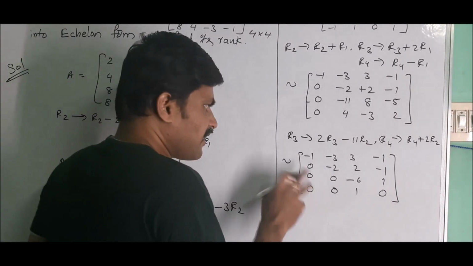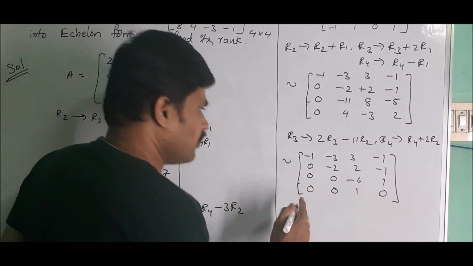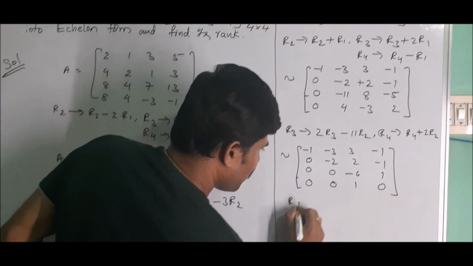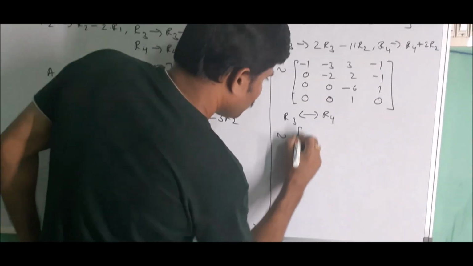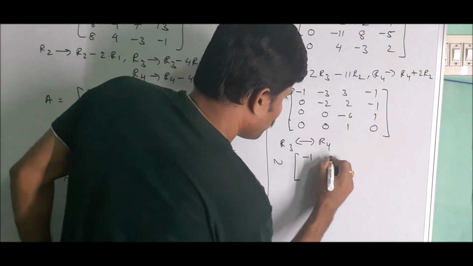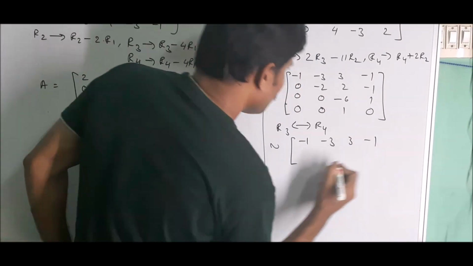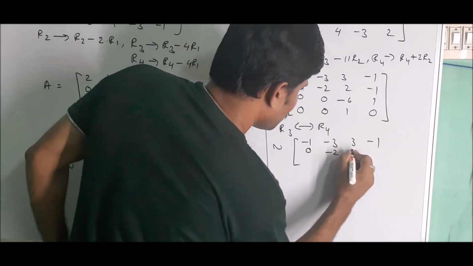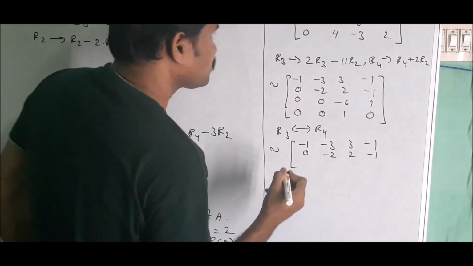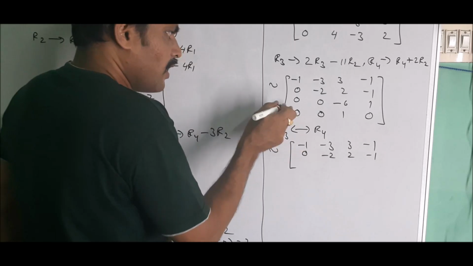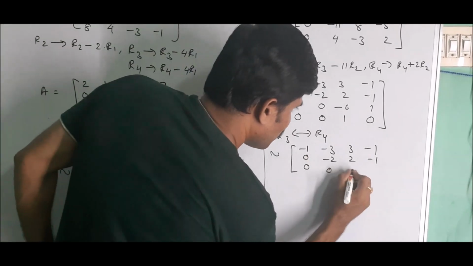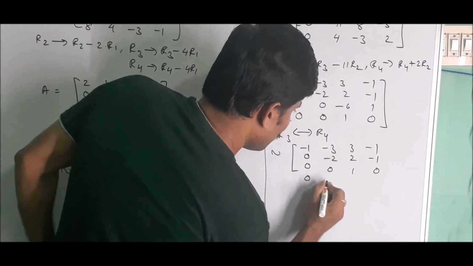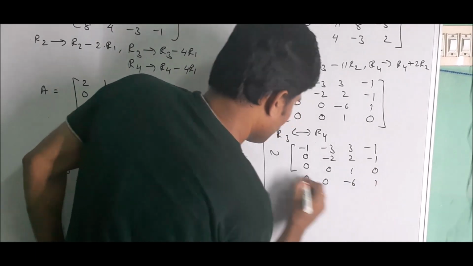Now the third and fourth rows are interchanged, so R3 is interchanged with R4. The resultant matrix: the first two rows do not change, and after interchanging R4 and R3 we get 0, 0, 1, 0 and 0, 0, minus 6, 1.